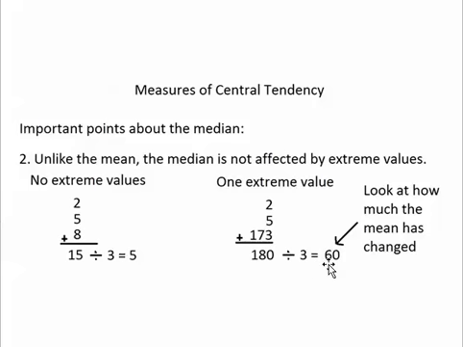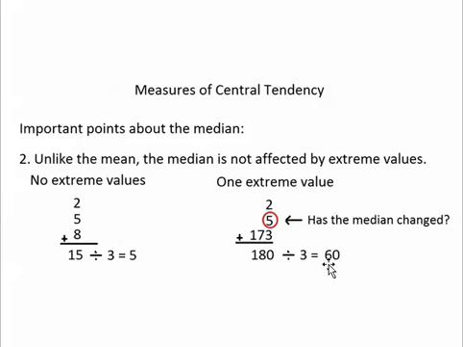But changing the 8 to 173 doesn't raise the median because when the highest value is 8 and when the highest value is 173, the middle value is still 5.